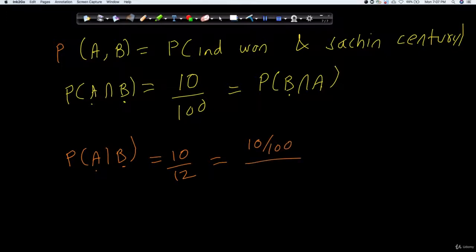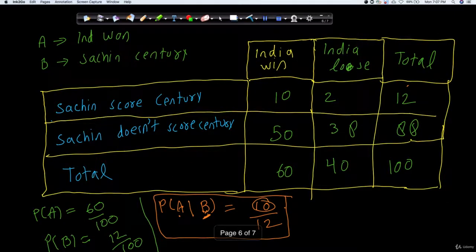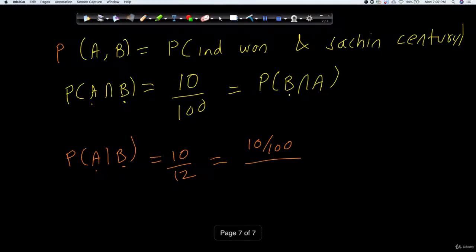Further to this, I define the probability that Sachin has hit a century in this space, which is probability of B. It's going to be 12 by 100. And now if you divide this, you're going to get exactly the same thing.